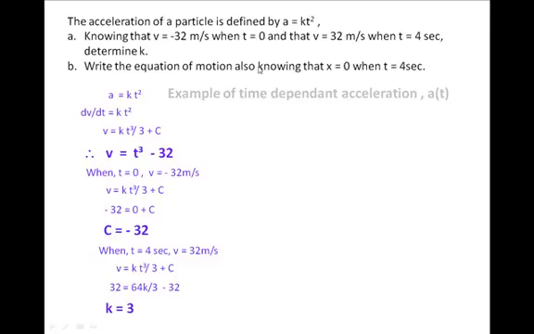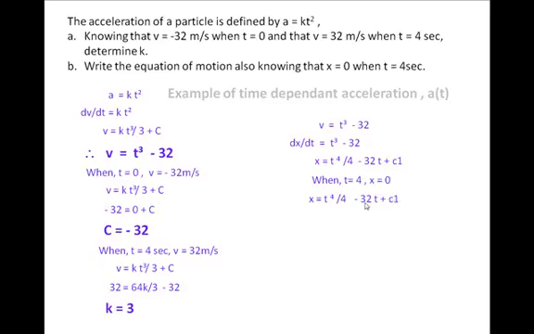Another is to write the equation of motion, meaning the expression for x. So you already have v equal to t cube minus 32. You write v as dx by dt and integrate it. You will have a constant c1, which is possible to evaluate because of the condition: when t is equal to 4, x is equal to 0.